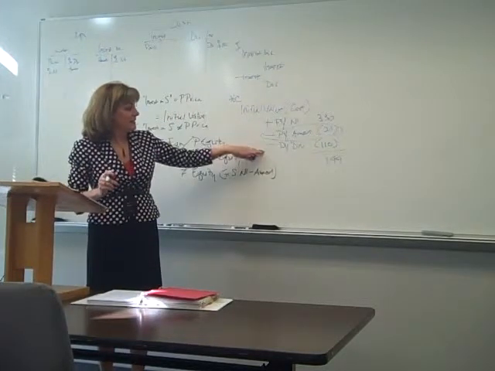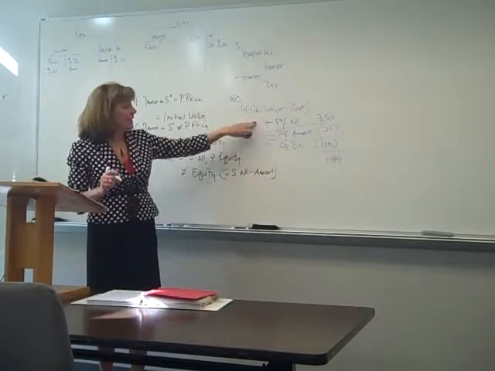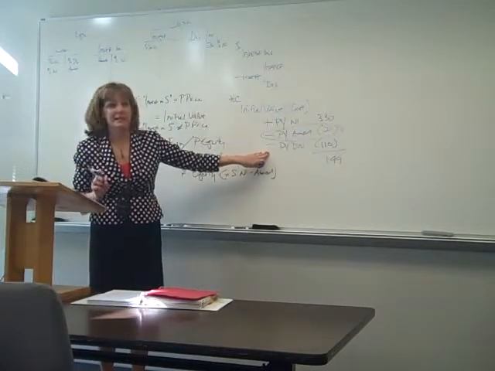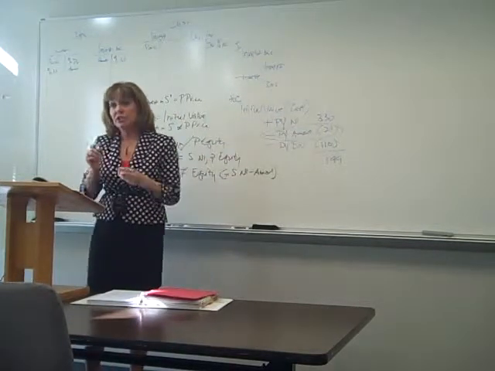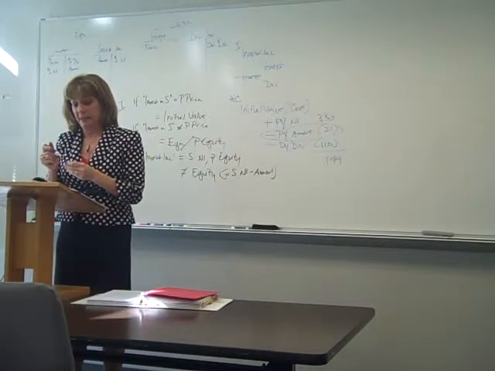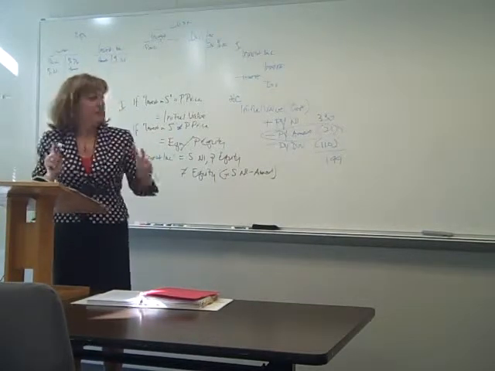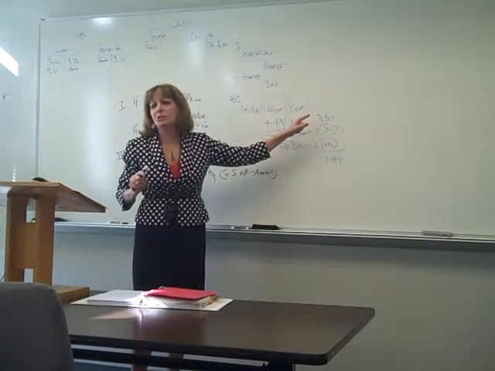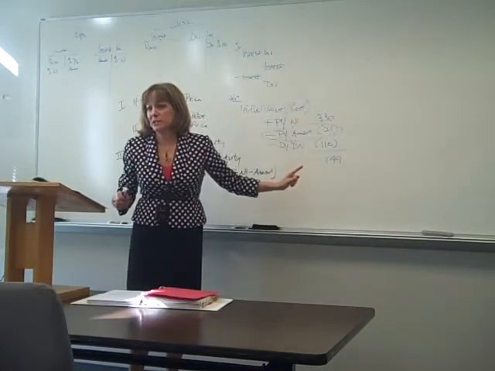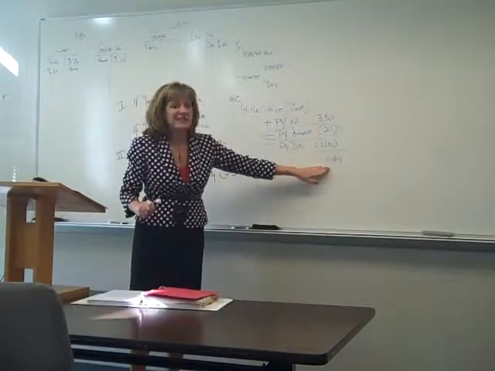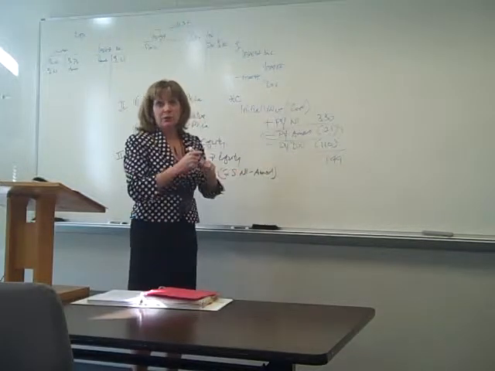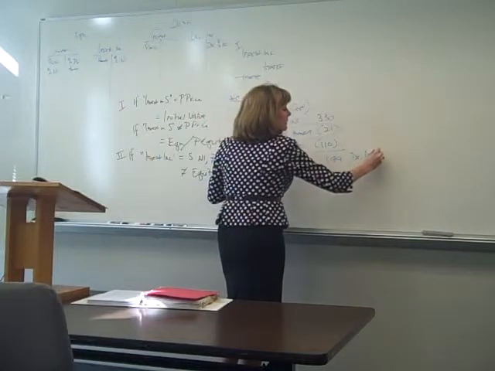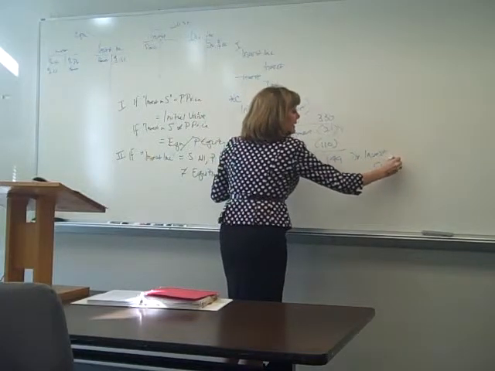Because they've done this, they haven't done that. We don't have to do that because they already did. We don't have to remove that because they didn't. So it's just the 21,000. The crazy thing is, this is usually a positive number because your net income is almost always bigger than your dividends and your amortization. So if this is a debit for your initial value, it's a debit to investment and a credit to retained earnings.